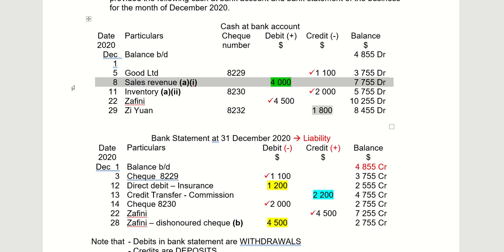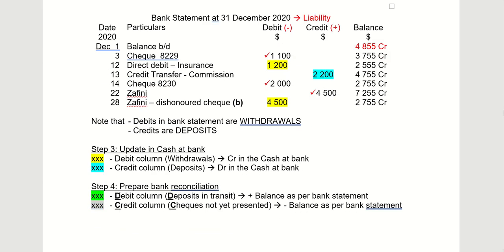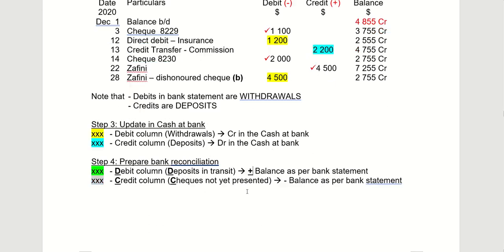So the one highlighted in green is called a deposit in transit. An easy way to remember is it's in a debit column, so this is a deposit in transit, which starts with D. Not only that, because debits are increases, plus. So you must plus the balance according to the bank statement, because your bank statement has not recorded it.